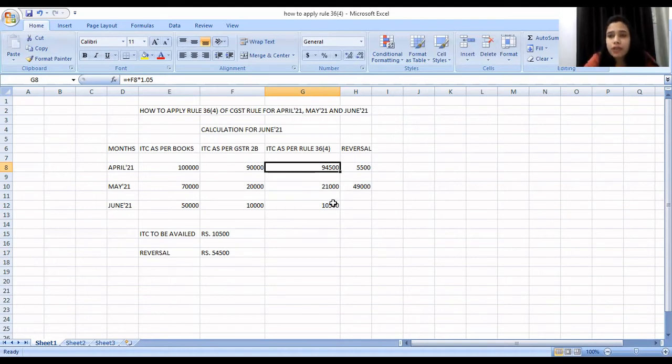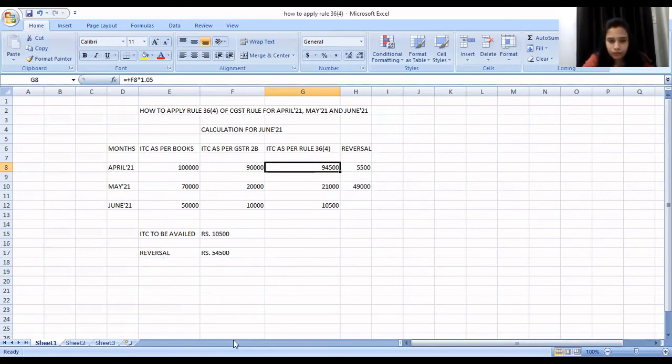That is 10,000 plus 5%, which comes out to be rupees 10,500. Only 10,500 I can take the ITC relating to June 2021. So overall, while filing June 2021 GSTR 3B, I will take ITC of rupees 10,500 and reverse 54,500.